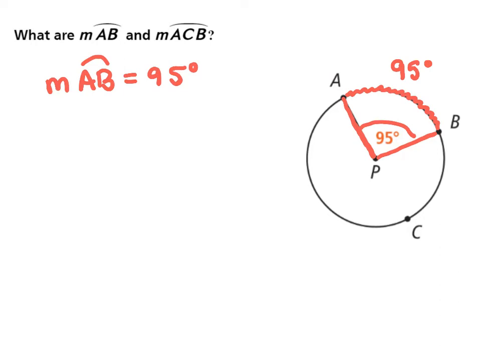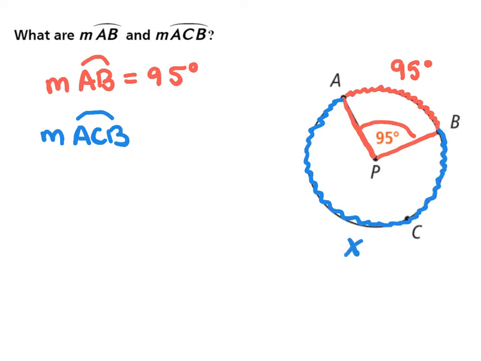Now the second part of the question is asking for the measure of arc ACB, which is referring to we would start at A, go around the circle, through C, and over to B. We don't know what that arc is. However, what we do know is all the arcs in a circle add to 360. So we could say that x plus 95 should equal 360.